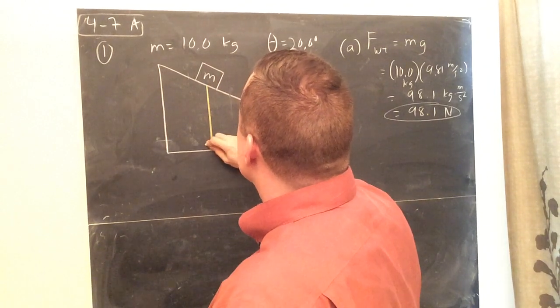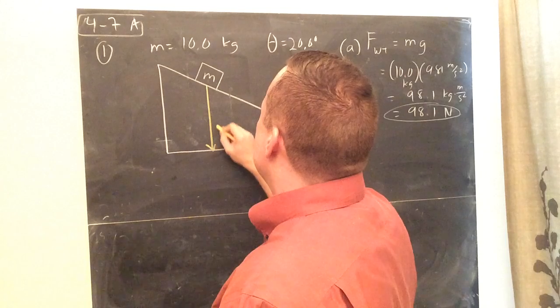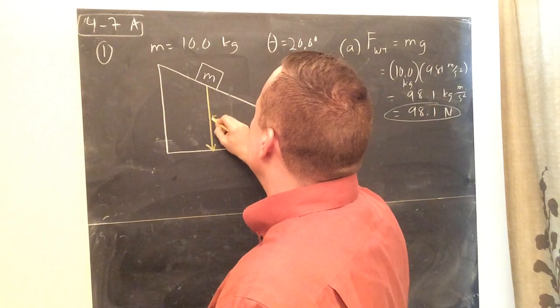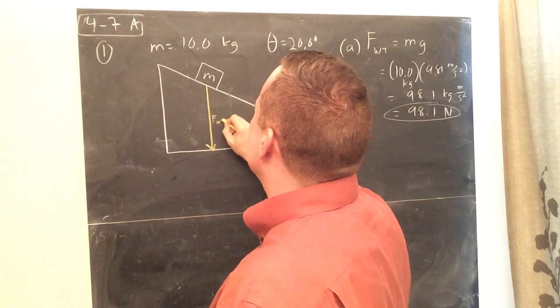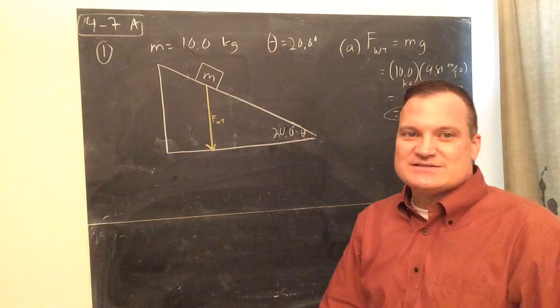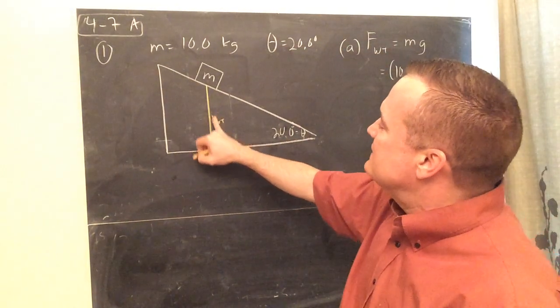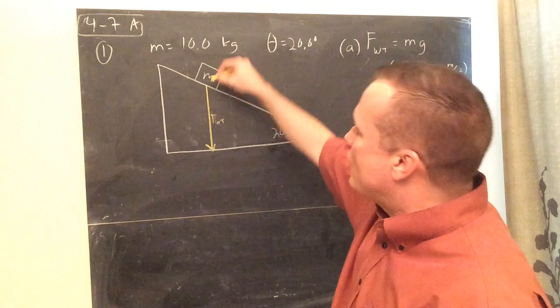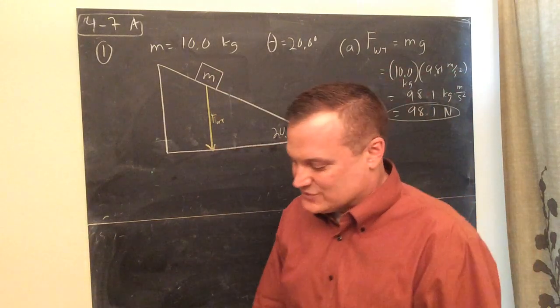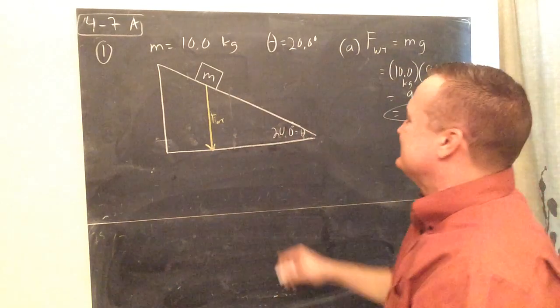There is the weight right there. I'll write it next to it here. That's the weight, F weight. Weight force pulls always straight down to the earth, always. In your diagrams, you'll let down be towards the center.